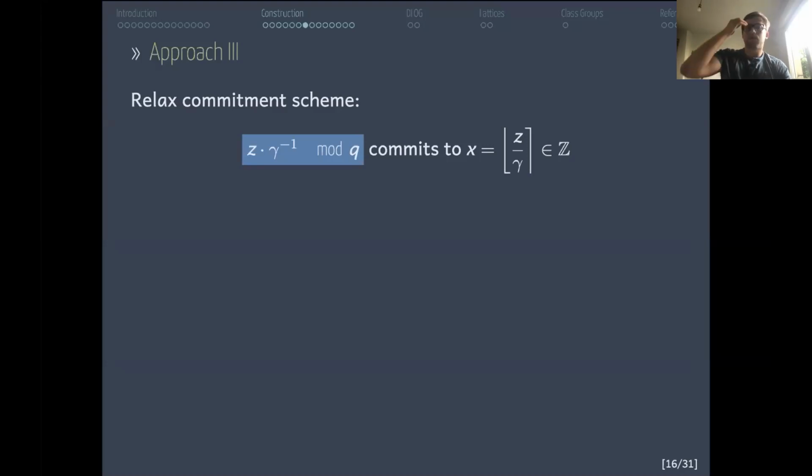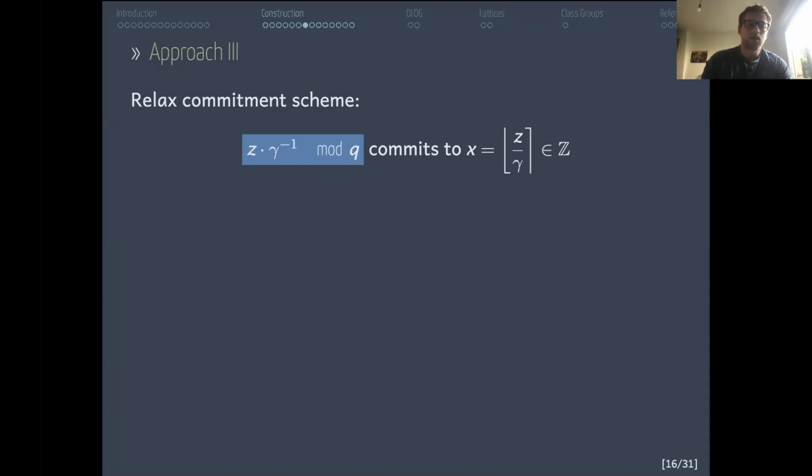So in practice, we relax the commitment scheme. We have a commitment mod q to z times gamma to the power of -1. So this is the old commitment scheme. And we relax it in such a way that it commits to x, which will be equal to z divided by gamma, division over q, and then rounded to the closest integer.